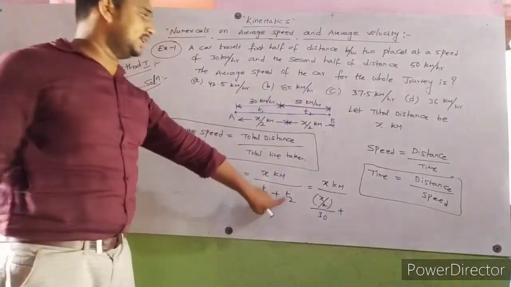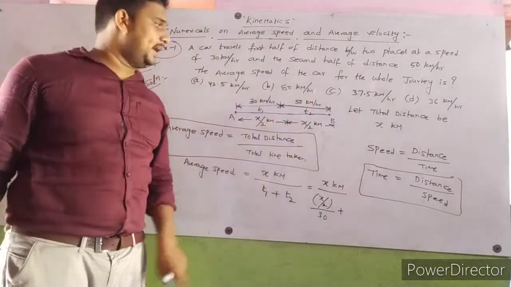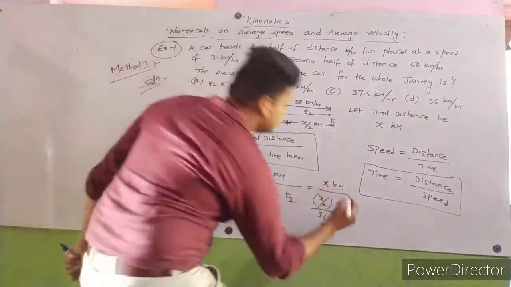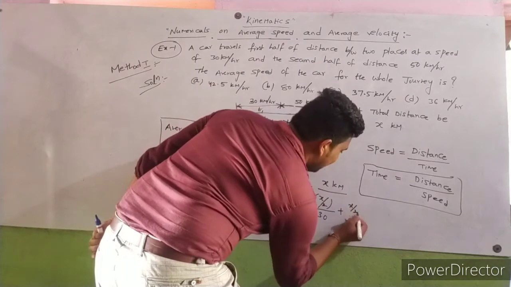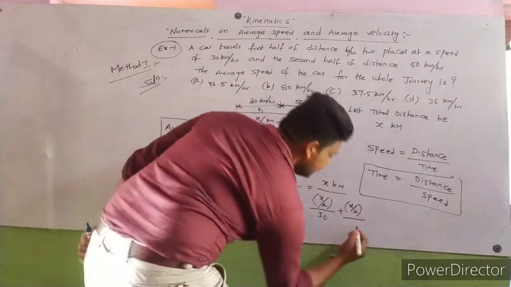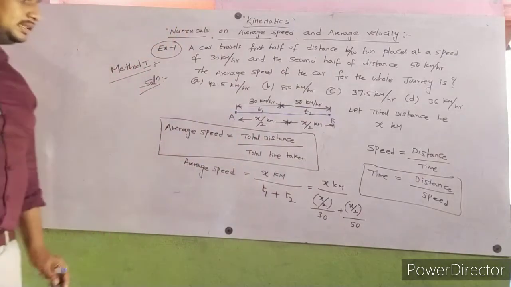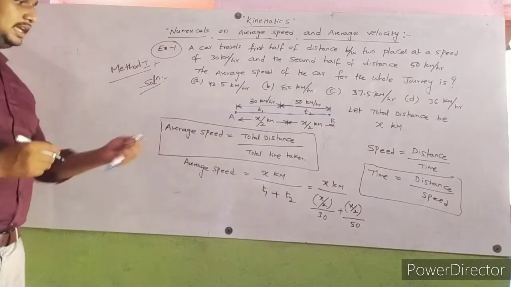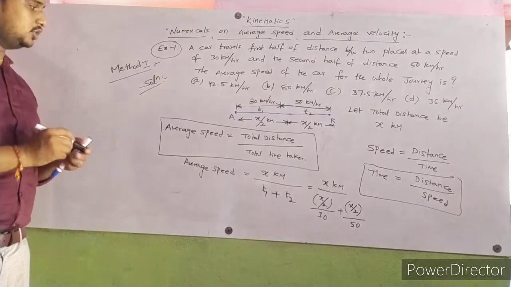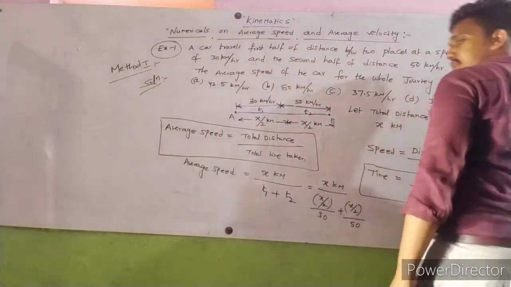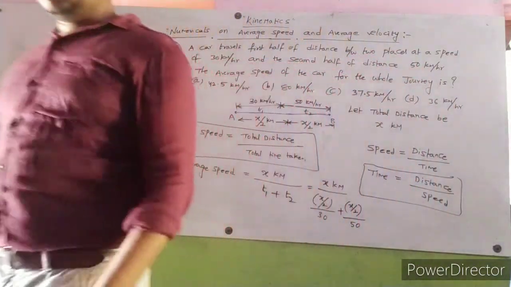Plus t2 is distance by speed, where distance is x by 2 and speed is 50, so x by 2 by 50. Now we solve these values to get the average speed.